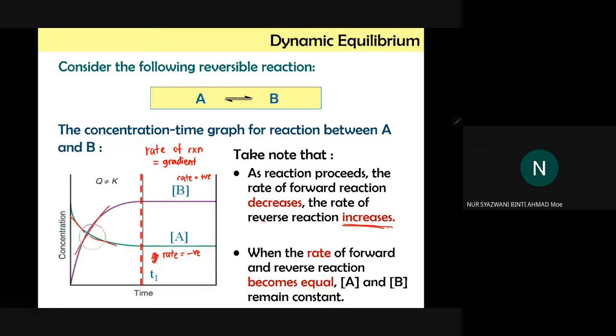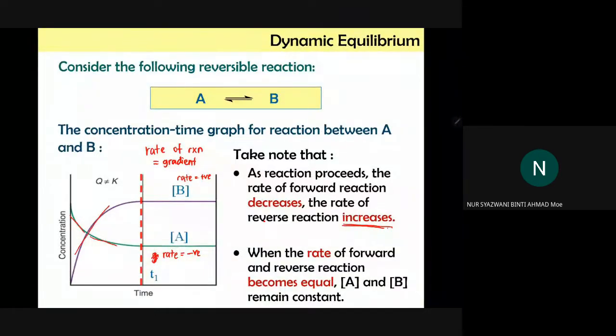So dia semakin negatif, dia semakin berkurang, dia menghala ke positif. That's why kita cakap the rate of reverse reaction increases. Okay. When the rate of forward reaction and reverse reaction becomes equal, concentration of A and B remains constant. So kalau kita tengok dia menghampiri kosong kan, ini pun menghampiri kosong. So gradient dia equal.